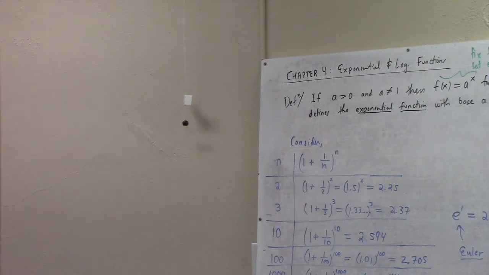Let r over n equal 1 over m. This is a sneaky substitution your book does. If this is the relation between n and m, then if n goes to infinity, m also goes to infinity. So I can trade my limit over n for my limit over m, and then this would be 1 plus 1 over m.